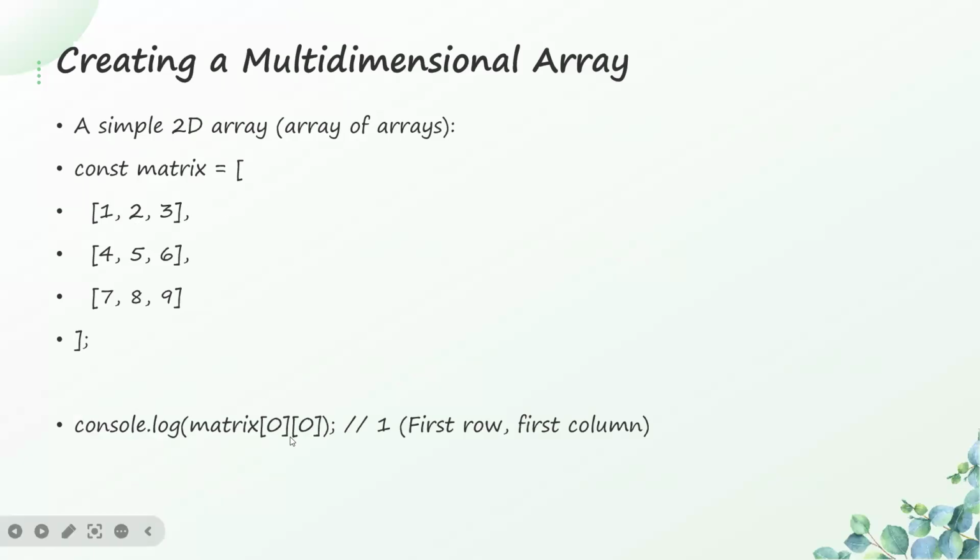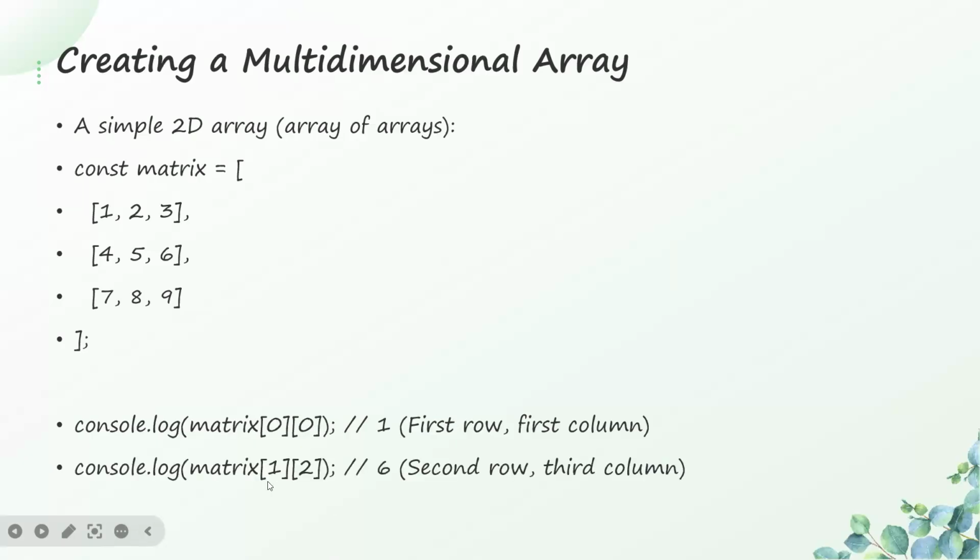Since we are returning an array, this is more of a chaining. So this is the first row and the first column. These are the rows, then these are the columns. So you can also get the second row and the third column.